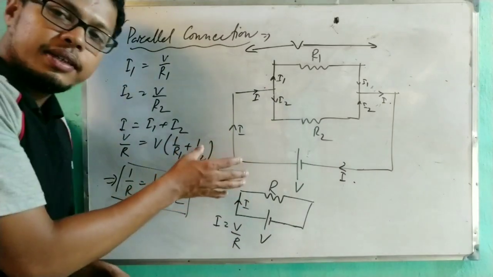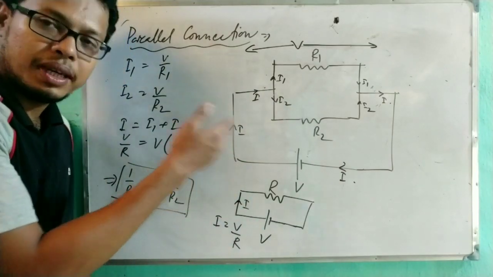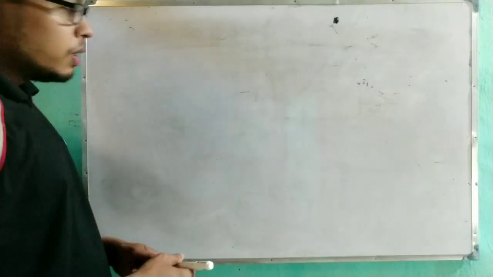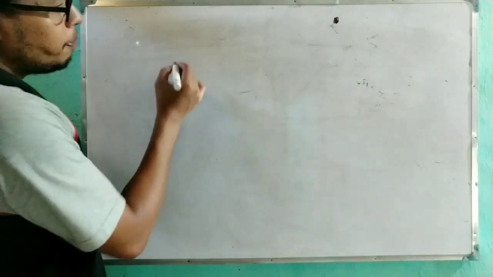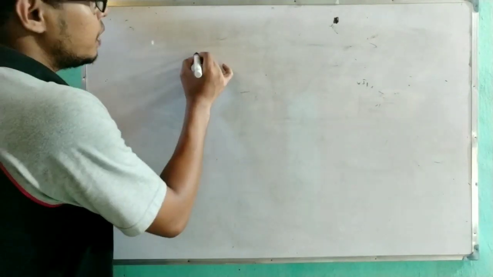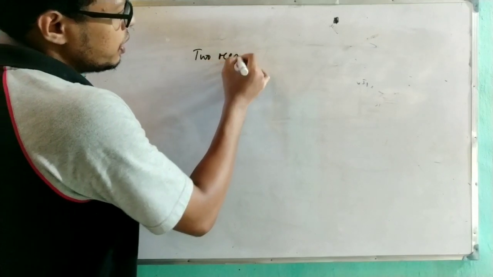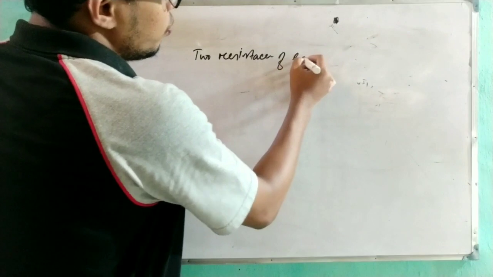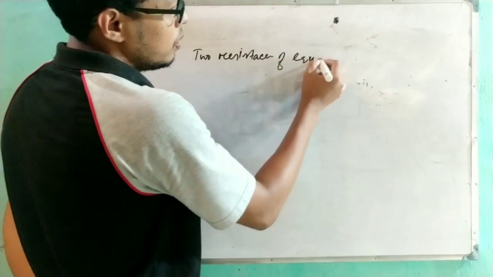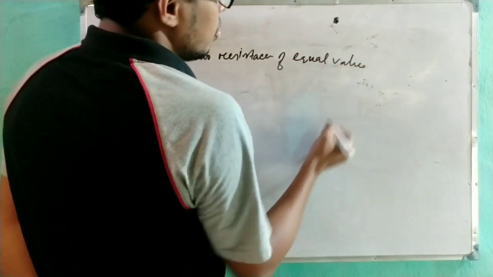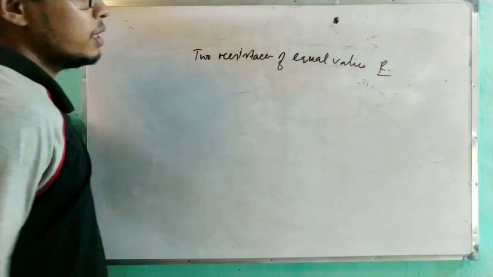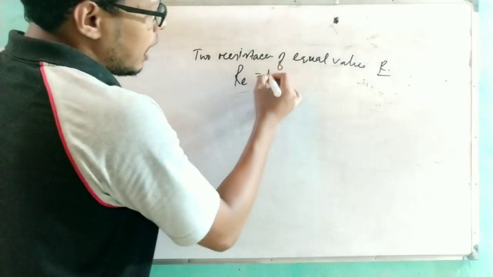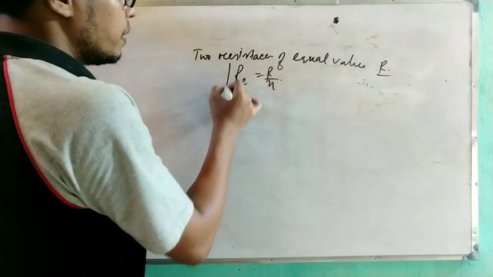So if you take three resistances, then 1 by R1 plus 1 by R2 plus 1 by R3, and so on, like this it will come. Okay. Remember, in case of parallel connection, if these resistances are of equal value, which is suppose R, then you will apply the equivalent resistance Re equals R by N. Okay, remember this one.